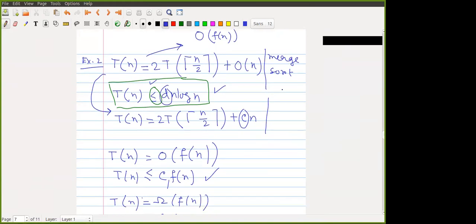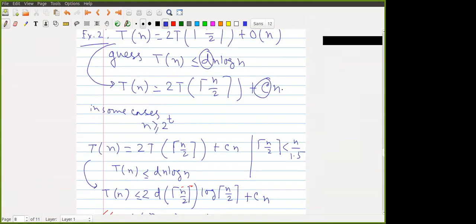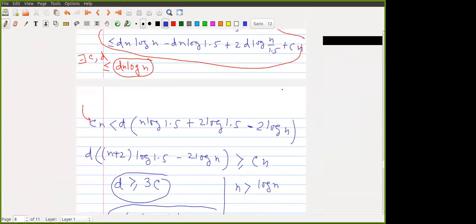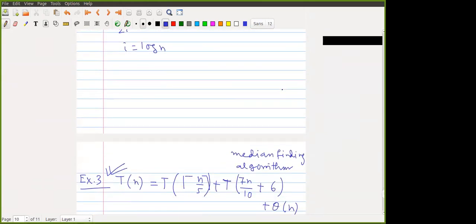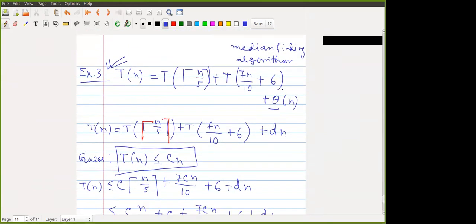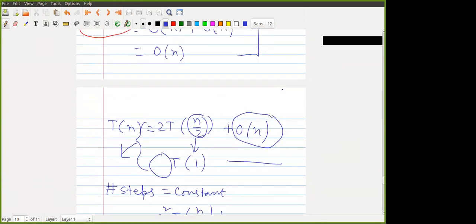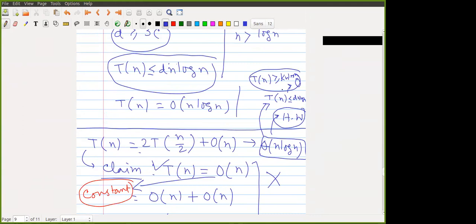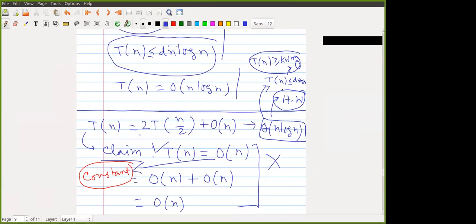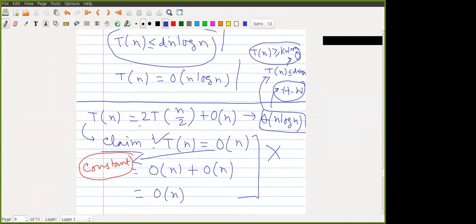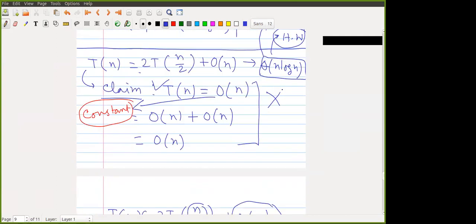And the final one is this median finding recurrence. As we have seen, these constants actually play a role in proving it formally, even with induction. Just putting in constants would give us this merge sort recurrence to be order n, which is not true.